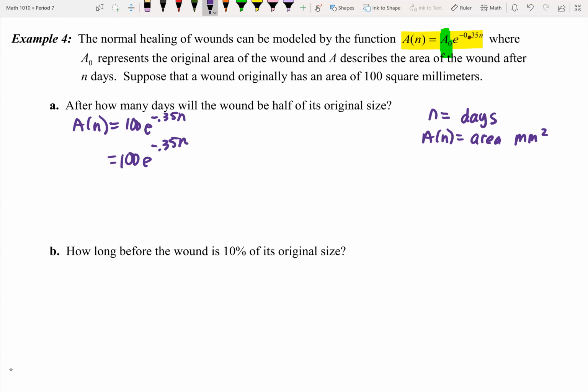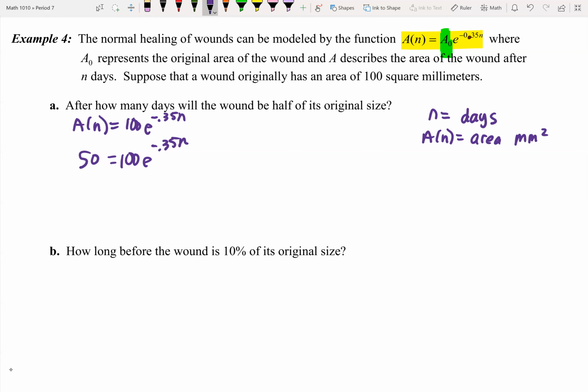Now I have to put in a number over on the left side. A sub n stands for area. So it says, after how many days will it be half of its original size? The number that I put on the left is not 0.5 or 1/2. That's not what goes there. What is it? It's 50 because it started with 100 and now it's at 50.